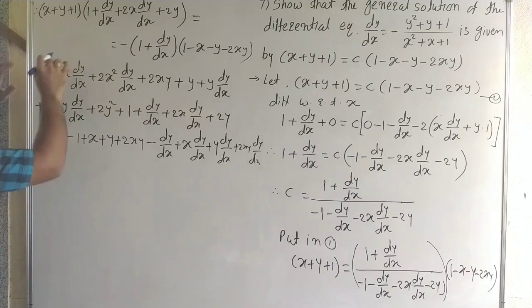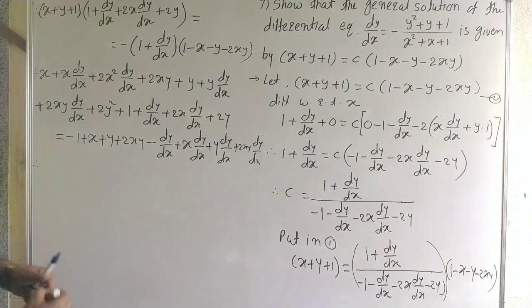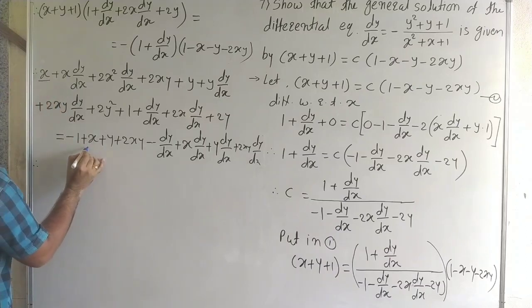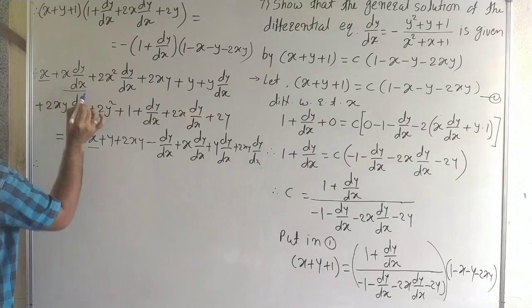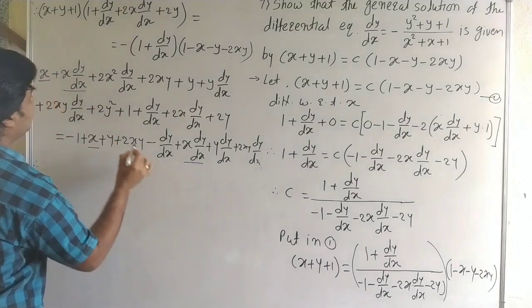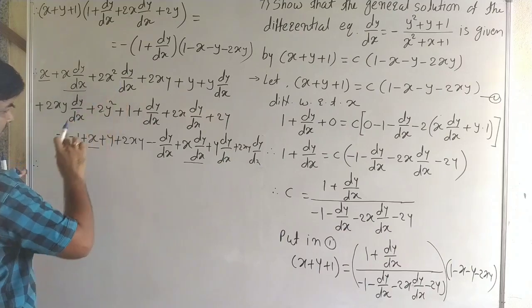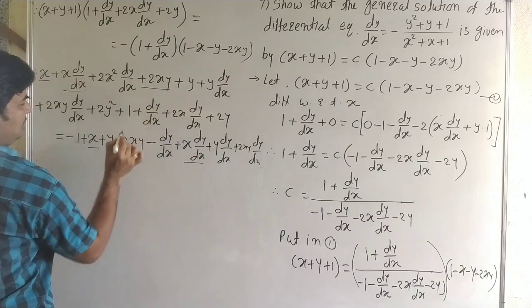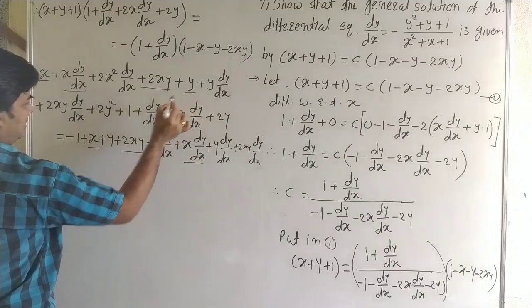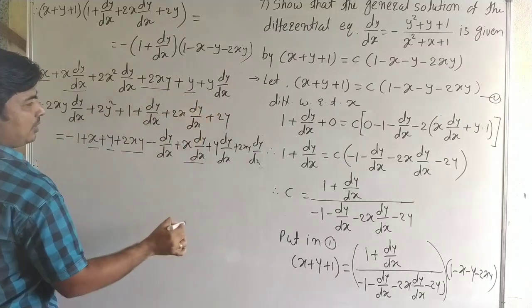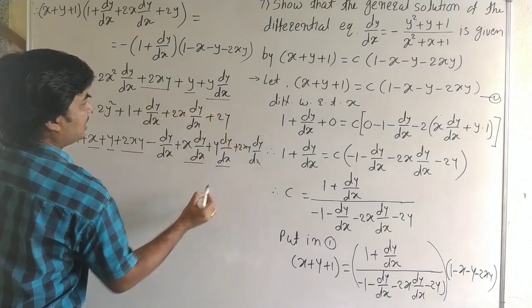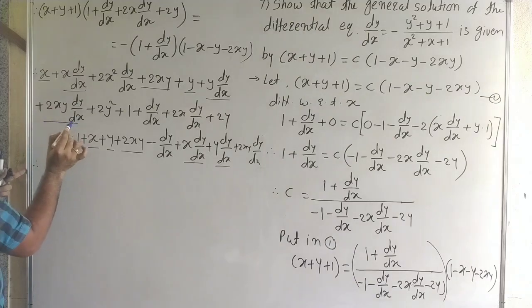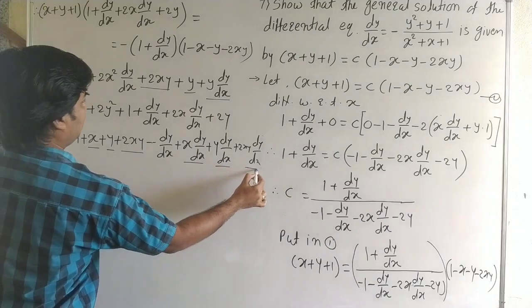Here this x gets cancelled, x dy by dx, here plus x dy by dx get cancelled, 2x square dy by dx, here it is 2xy, this 2xy and this 2xy get cancelled, it is y, this y gets cancelled, y dy by dx here. It is y dy by dx. This y dy by dx gets cancelled, and then it is 2xy dy by dx. It is a plus 2xy dy by dx, get cancelled.